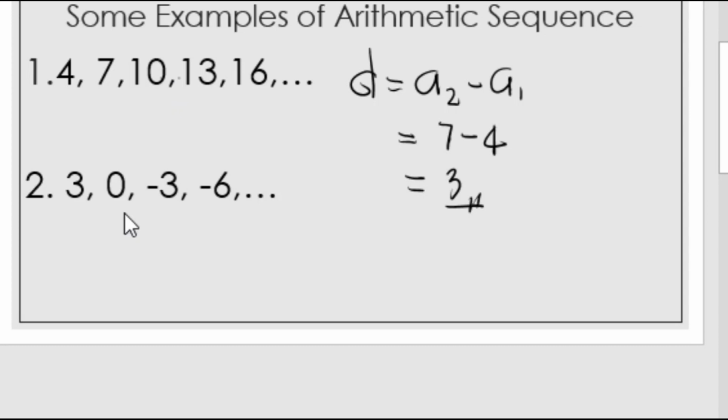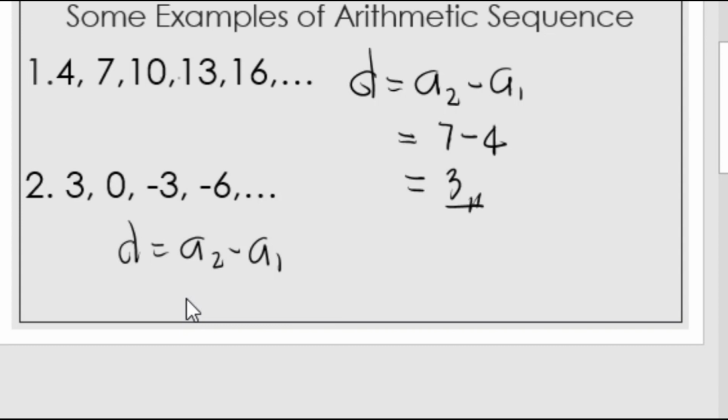And let's go to example number 2. For example number 2, if we're going to find its common difference, we simply subtract a sub 2 and a sub 1. So, kung mag-subtract ka, kung mangita ka sa common difference, make sure nga ang gasunod nga term mao'y minusan sa gauna nga term. Okay?